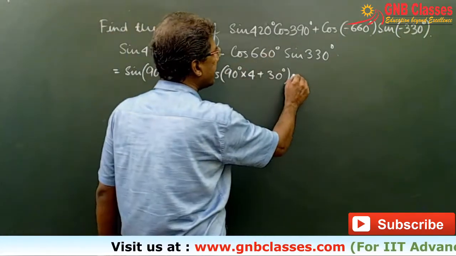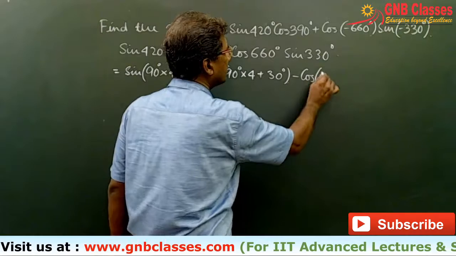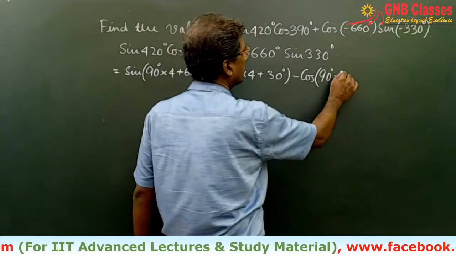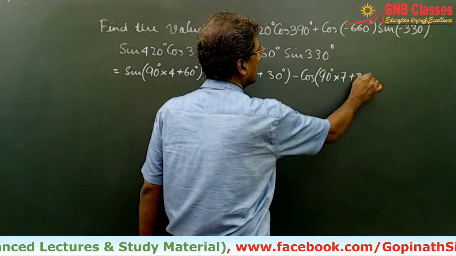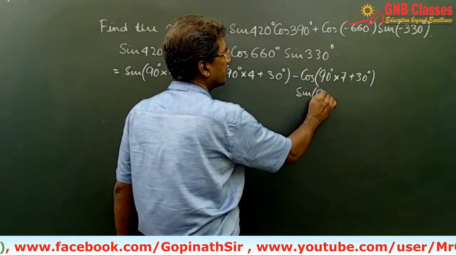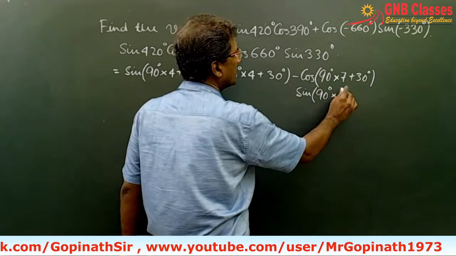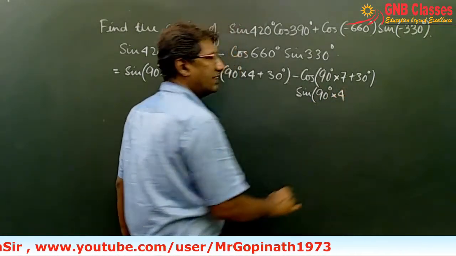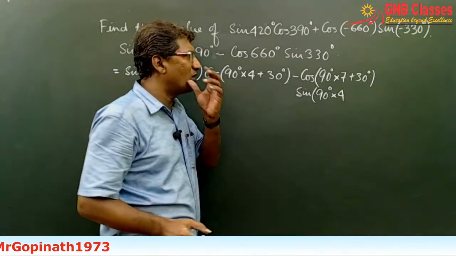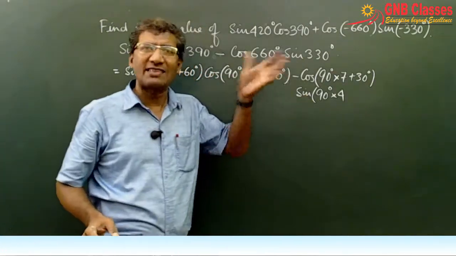Cos 660 I am writing it as, and sine 330 degree I am writing it as, now I am doing something else, in a different way I am trying to do it, because every time I have shown you plus 30 degree.